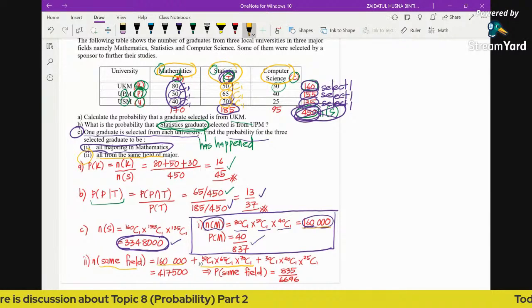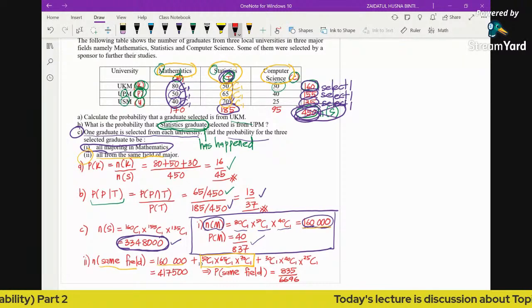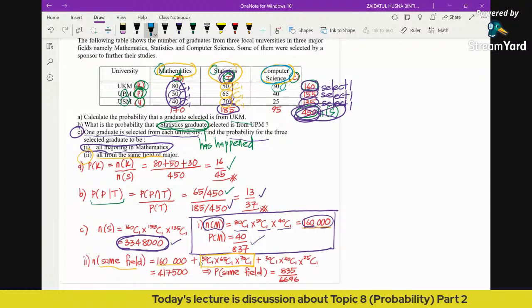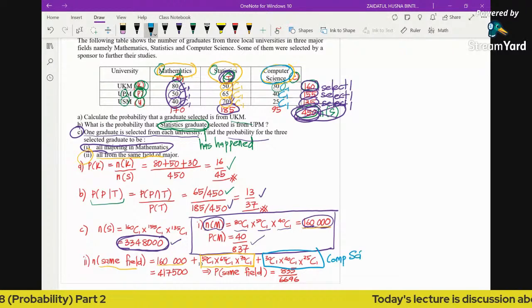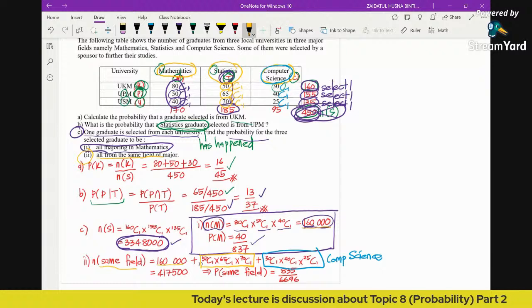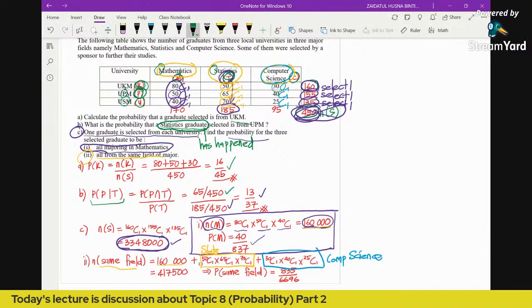So this is how we obtain it. And then next, for computer science, out of 30 we choose one, 40 we choose one, 25 we choose one. So this is for computer science, this is for stats, while this one is for maths.